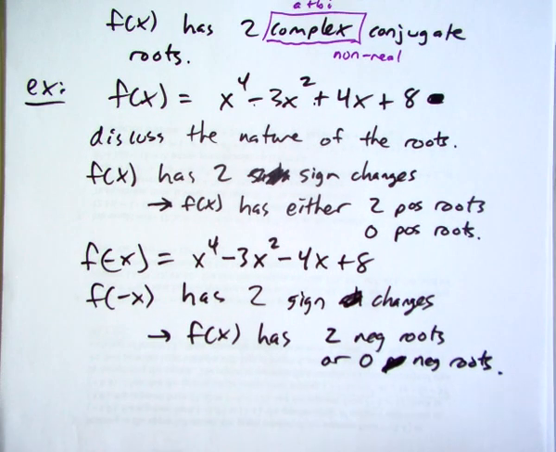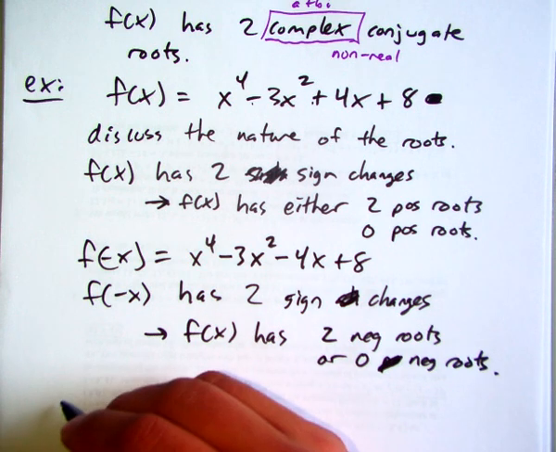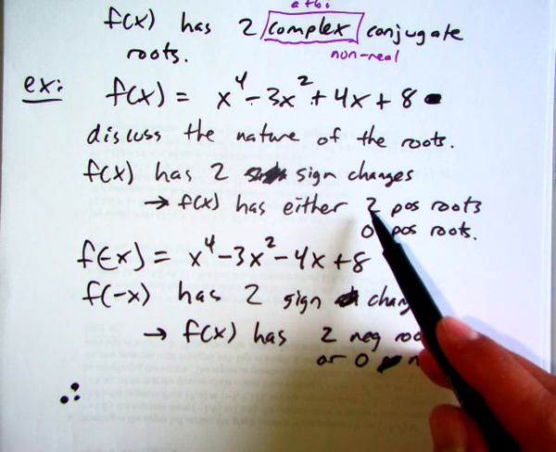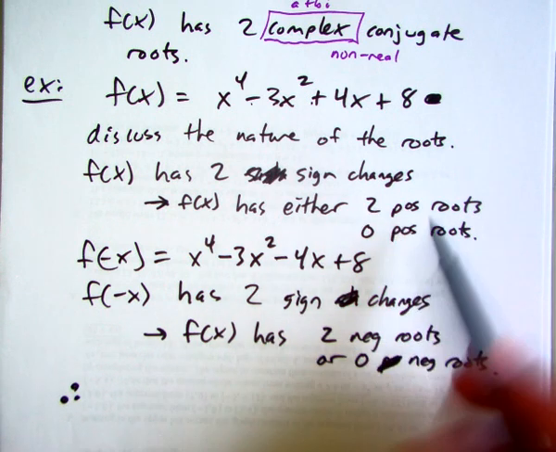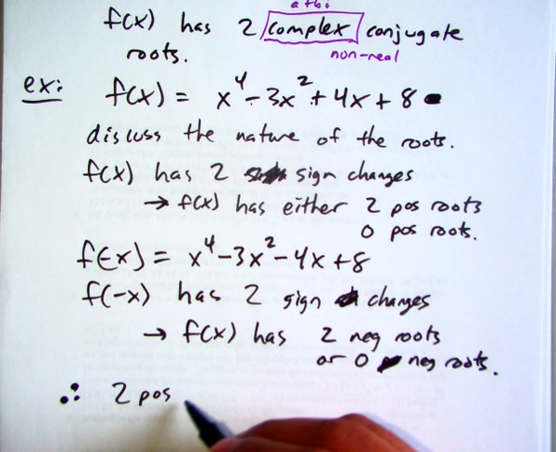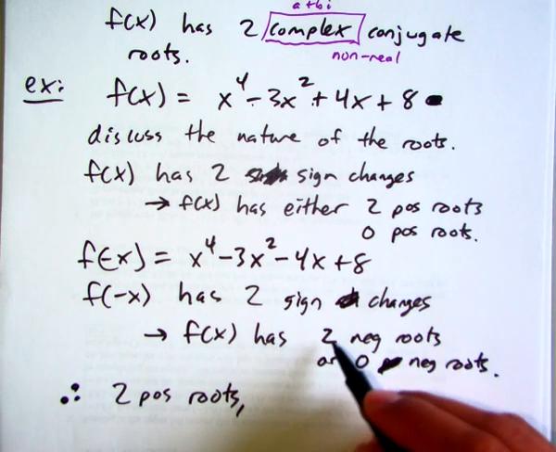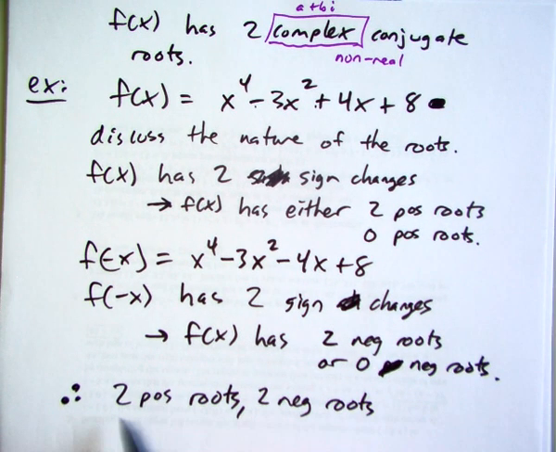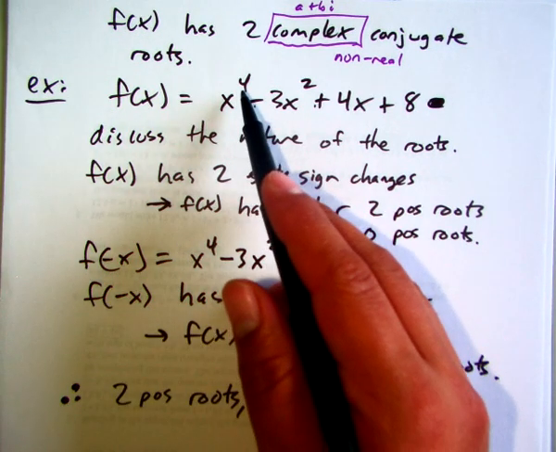Okay, so here's our discussion. So in conclusion, we have to go through every case. It could have 2 positive roots and 2 negative roots. And there's our total of 4 for a degree 4.